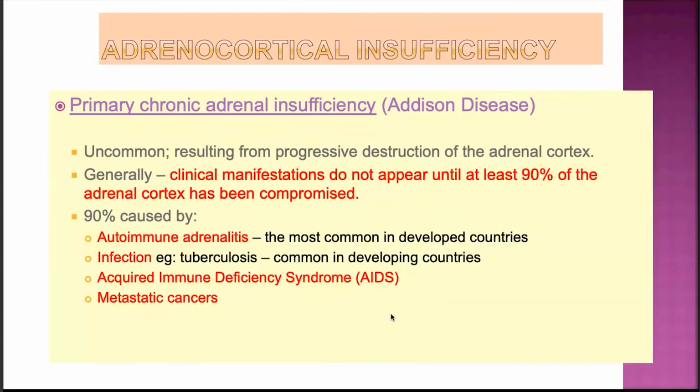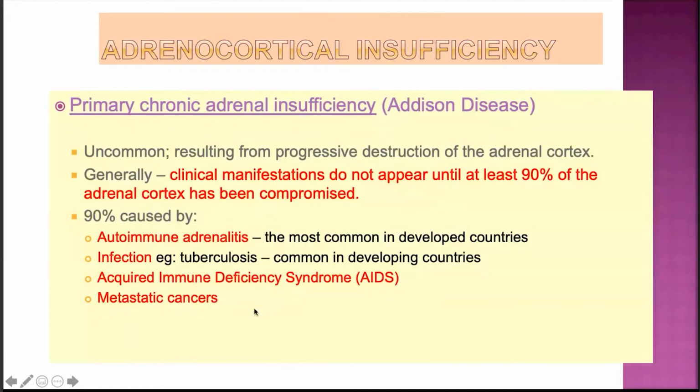Because it is a chronic condition, the clinical manifestations do not appear until the adrenal cortex is compromised by almost 90%. For example, in autoimmune adrenalitis, AIDS patients, metastatic cancers, only when almost 90% is compromised do they have symptoms.